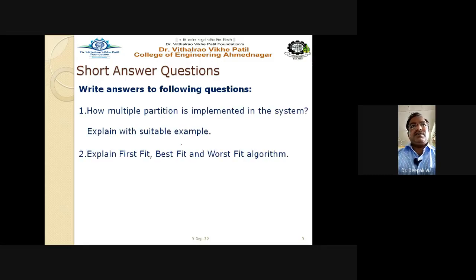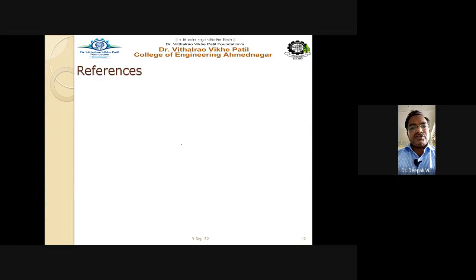Explain with a suitable example. You have to draw the figure and explain multiple partition allocation with the help of 5 processes and their different memory demands. Then explain the first fit, best fit, and worst fit algorithms that we have already discussed, and write a note on external as well as internal memory fragmentation.